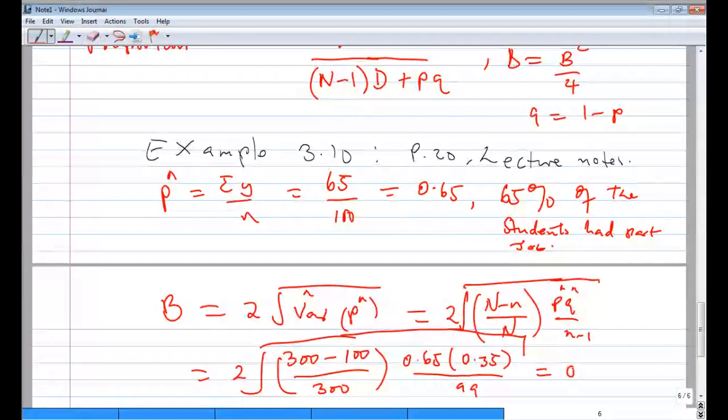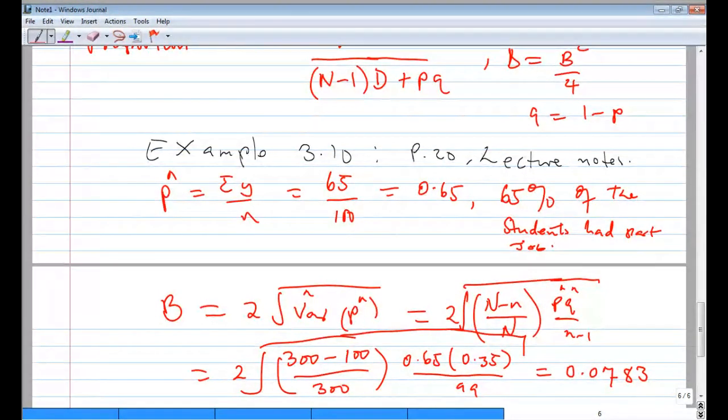The answer is 0.0783. So in other words, 65% of the students had a part-time job with a bound on the error of estimation of 0.0783. This is how you calculate the estimated population proportion.